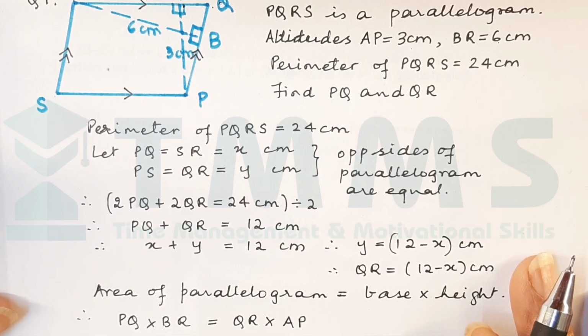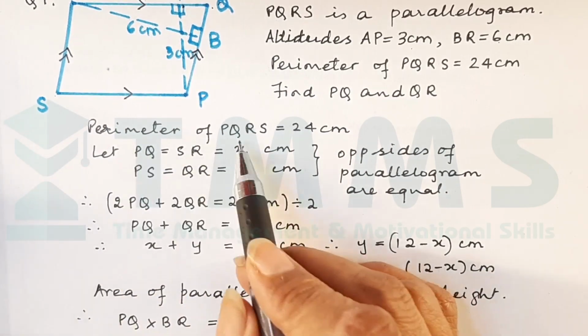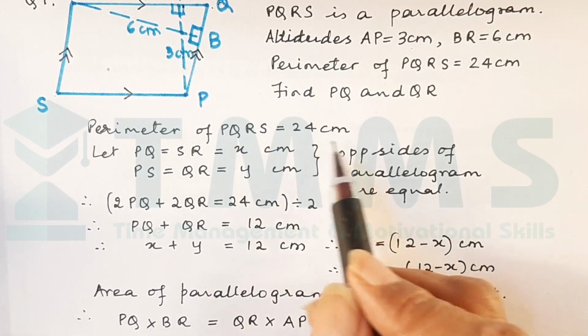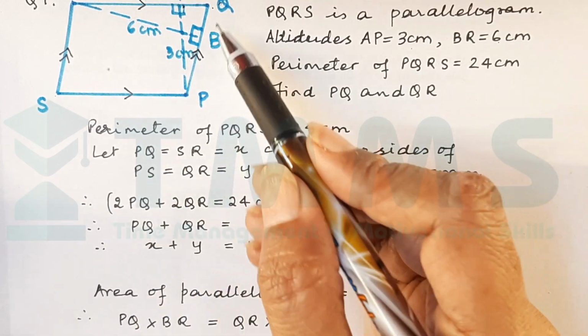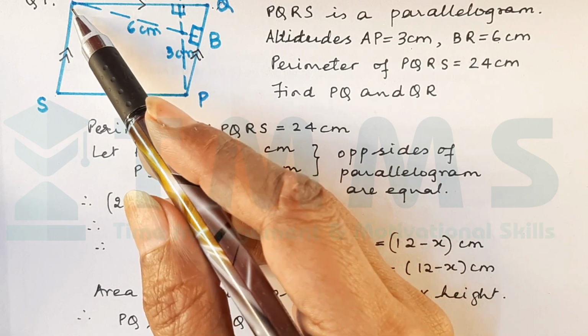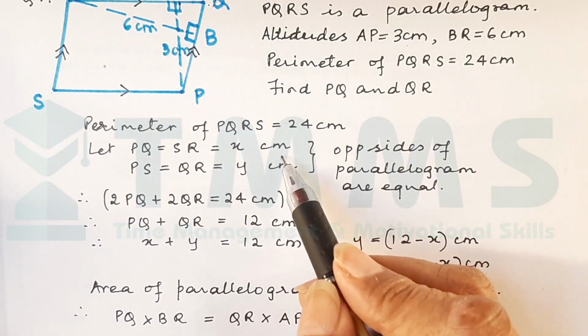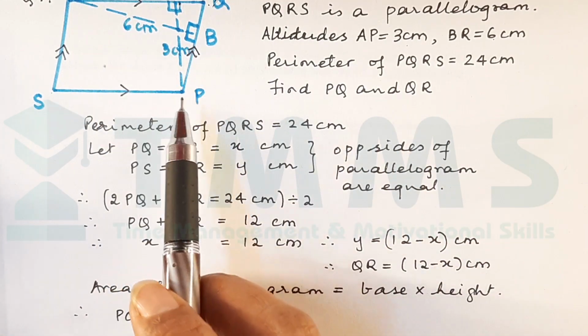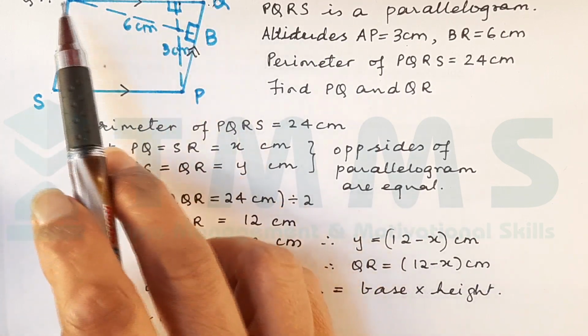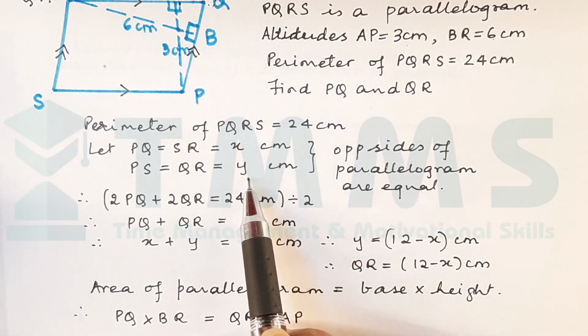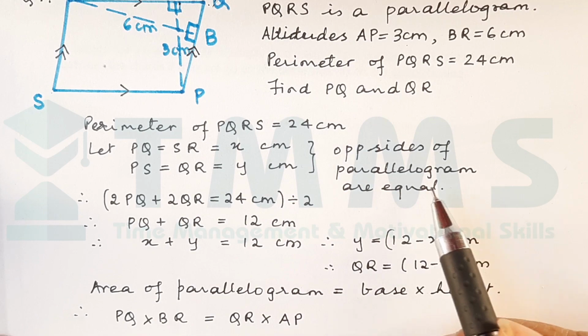Now you will see that because the perimeter of PQRS has been given as 24 centimeters, we will take our PQ equal to SR equal to X centimeters and our PS equal to QR equal to Y centimeters. Why would you say that?